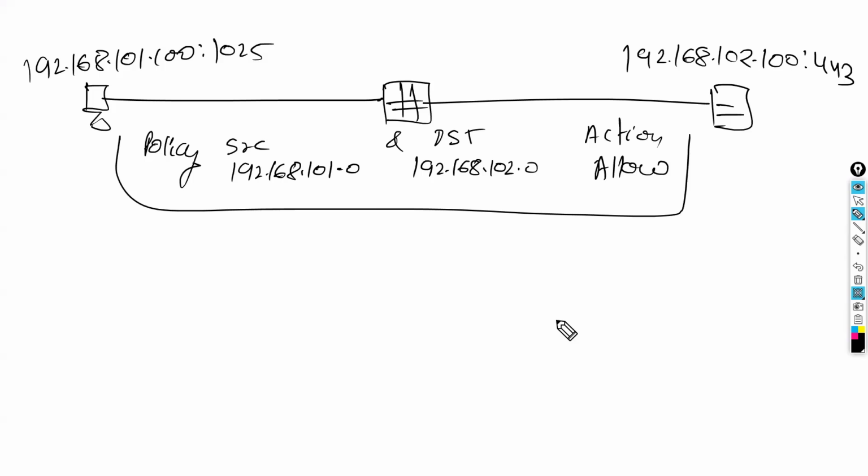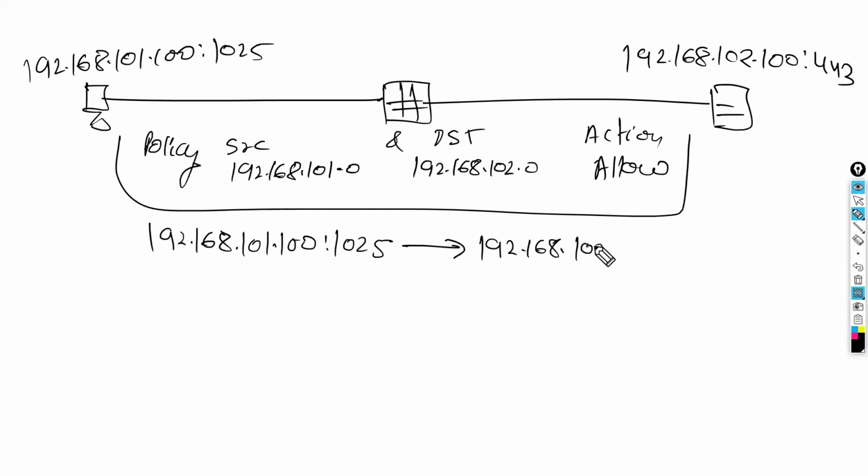Now the firewall will make an entry in the database once we define the policy. How will the firewall make that entry? The source is 192.168.101.100, port number 1025, going to 192.168.102.100 at port number 443.